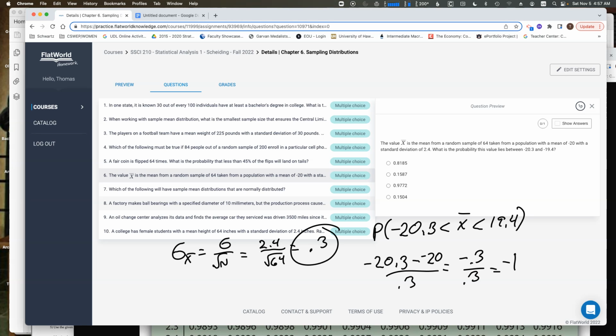Now let's do it for the other side here, -19.4. So that'd be -19.4 minus -20 over 0.3. So that leaves me with 0.6 over 0.3, which is 2.